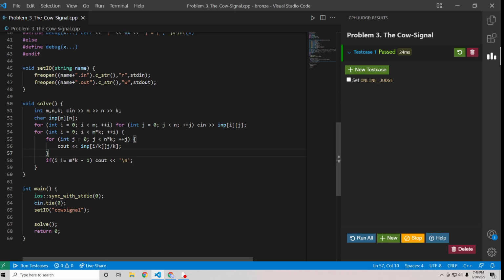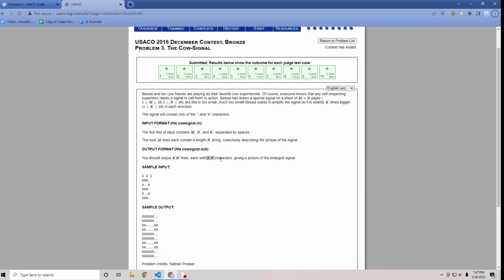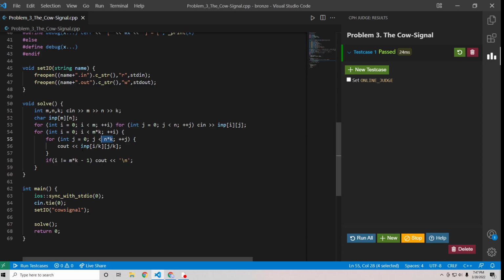So therefore, now when we push out the output, we don't go until M, we go until M times K and N times K. And now what we output is i divided by K and j divided by K. Why is that? Okay, so let's just look at the rows, right?